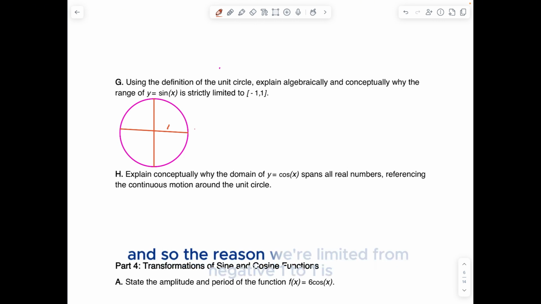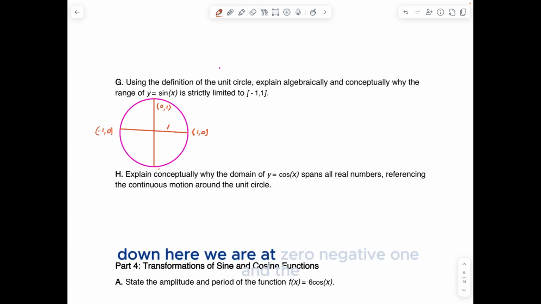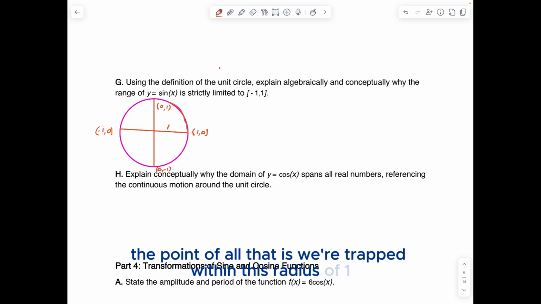And so the reason we're limited from -1 to 1 is if we look at these values out here, this is going to be 1, 0. This value up here is going to be 0, 1. Over here, we are at -1, 0. Down here, we are at 0, -1. The point of all that is we're trapped within this radius of 1.